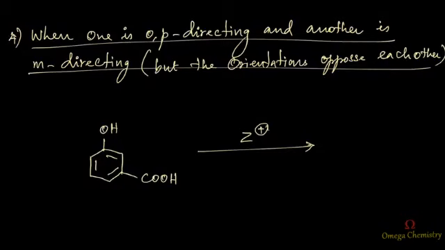It will always dominate the meta directing group. So the incoming group will be directed preferably to the position para to the ortho-para directing group, which means this Z group will be directed preferentially to this position, right? So the major product will be like this: your OH group will be here, COOH will be here, and your Z group will be attached para to OH.